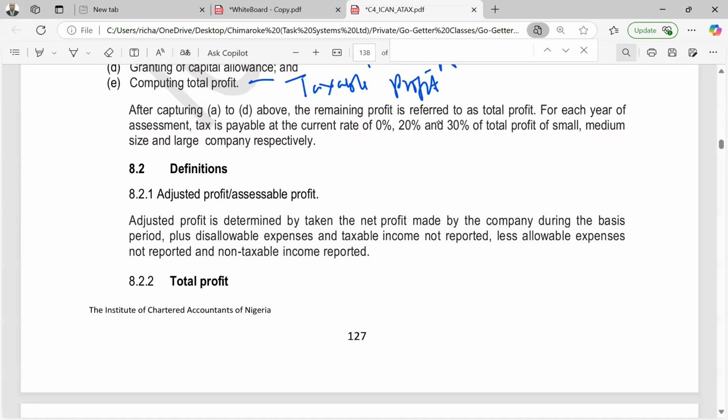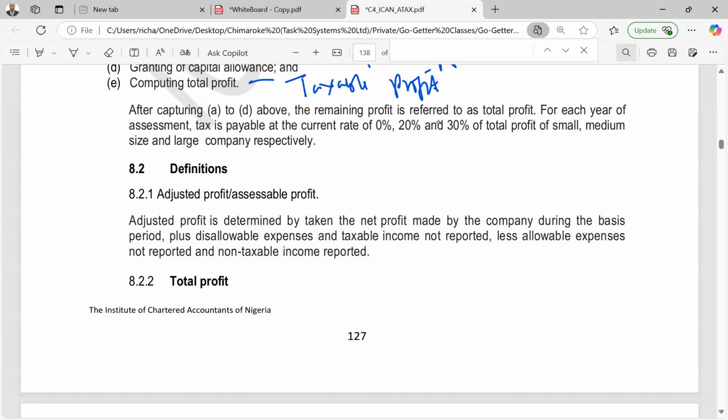So because it has been deducted before, the taxman will say, we don't qualify it to be deducted. Let us add it back. So they will add back those expenses that are not taxable, that are not allowable. They will add it back.